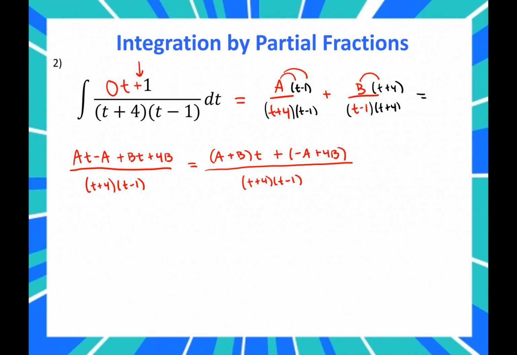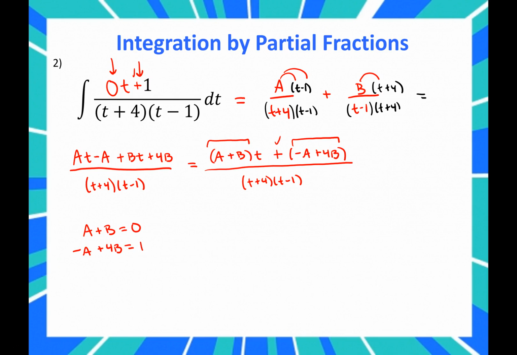So writing this as a system now, I know that my a plus b is going to be equal to 0 because there's no number in front of a t. There's no t at all. So we've got a plus b equals 0. And then we have a negative a plus 4b equaling this number right here, because remember we have the plus matching the plus, and then we've got that 1.